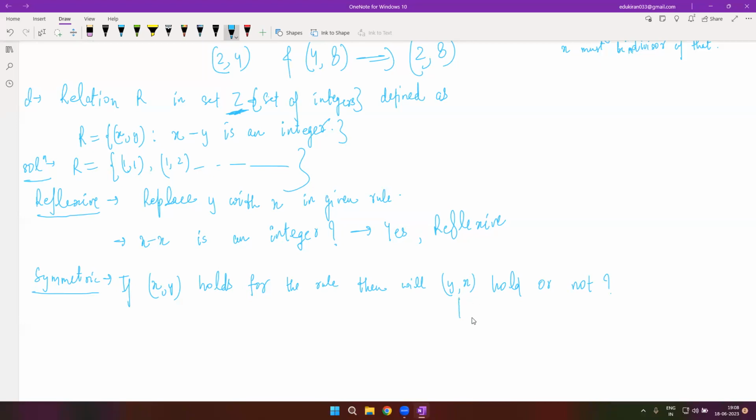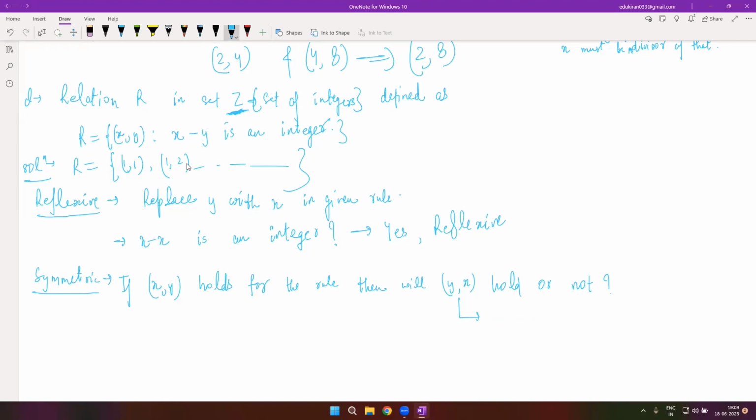So for y comma x, you will write this condition by interchanging the role of x and y. So in place of x, you have y now, and in place of y, you have x now. So this changes to y minus x, this expression, right? So if x minus y is an integer, then will y minus x be an integer or not?